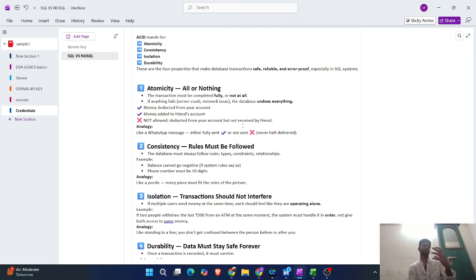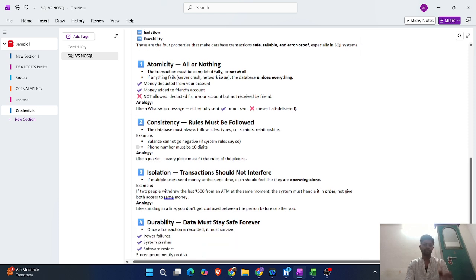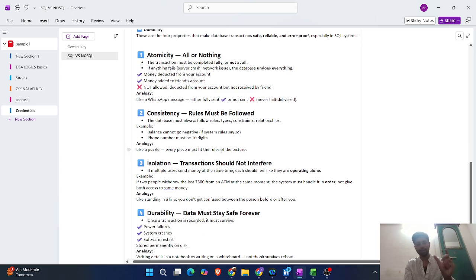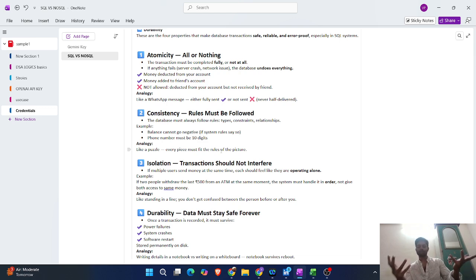Unless I don't have any account balance, then the consistency rule comes in, right? Rules must be followed. The bank balance can't be negative. Let's say I ask to withdraw 10,000 rupees but my account doesn't have it. We'll think in a positive way, so we'll take a better example. Let's say I ask for 100 crores, but my account has only 10 crores.